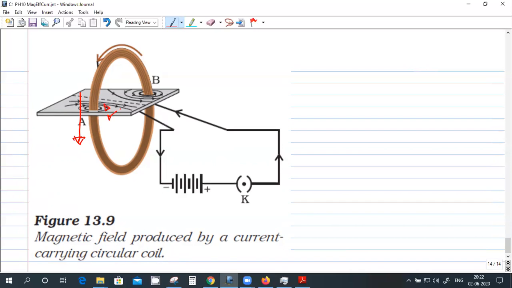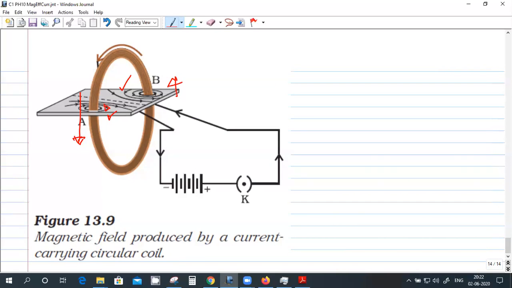Here, if you look, the current is upwards. If you take a small portion of the straight wire, the thumb is along the current, and the fingers are curling this way. So this direction is also correct. To get the magnetic field due to a straight wire, the thumb should be in the direction of current.